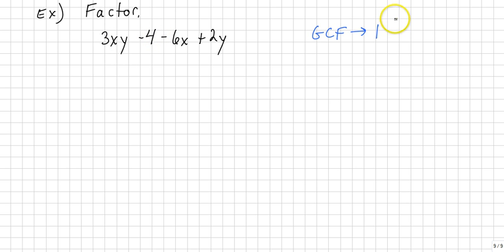So they don't have any variables in common either. So there is no greatest common factor other than 1, which we don't really bother with. And it's got 4 terms. So 1, 2, 3, 4. So it's definitely not a perfect square trinomial, and it's not the difference of squares, and it's not the sum or difference of cubes. So as it sits, this doesn't look like any of our special products.